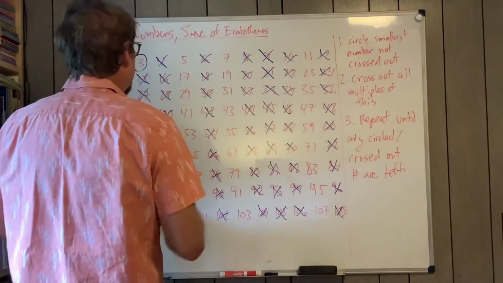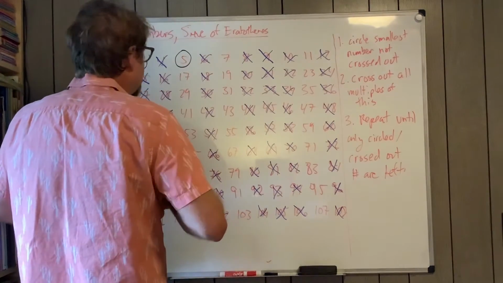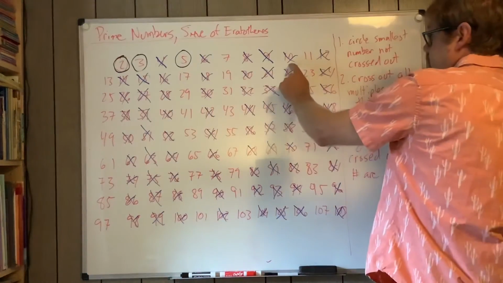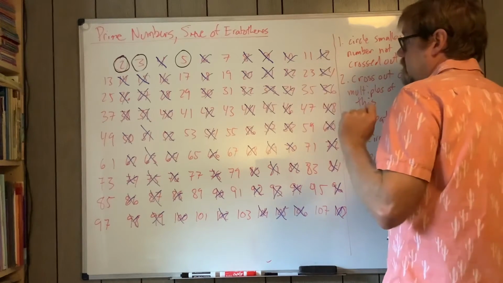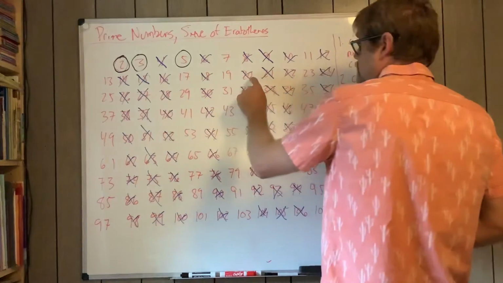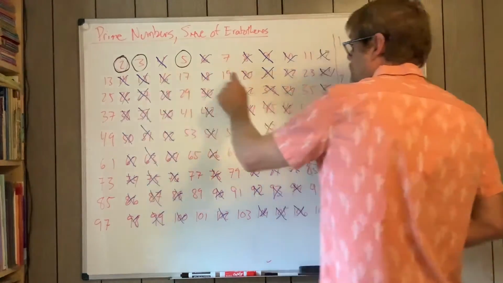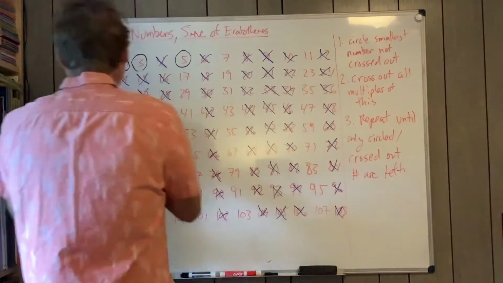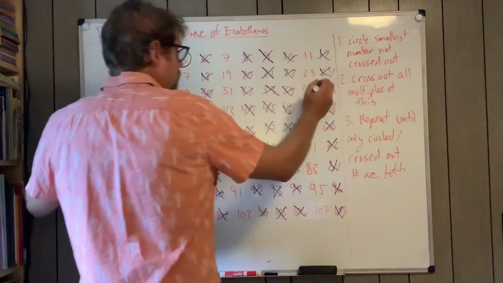So my next circled number is 5. 5 times 10 is already gone. 5 times 3, sorry, I'm skip counting, 25. So that is a multiple of 5. That's gone.